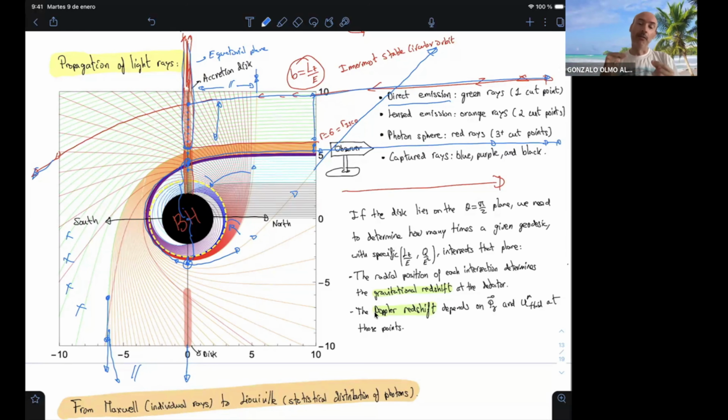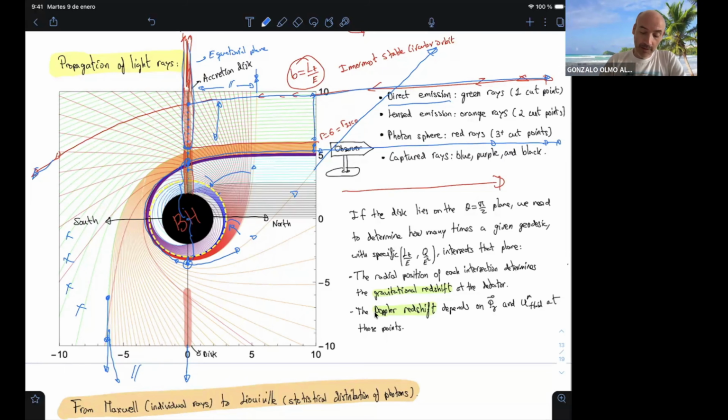Usually photons can orbit, let's say, once, hit once, two, three here, and then move away. But we can increase the resolution in this region and find photons that intersect the accretion disk 2, 3, 4, 5, 6, 7, n times. But the number of geodesics in that region is extremely limited. There are very few.